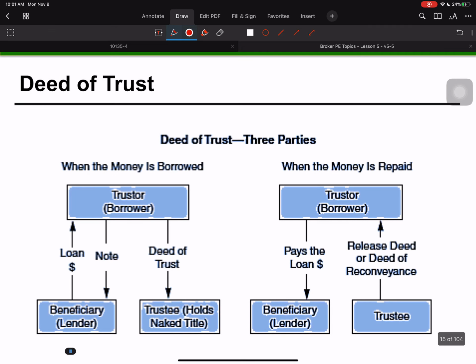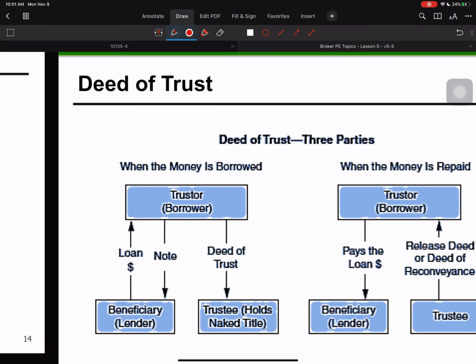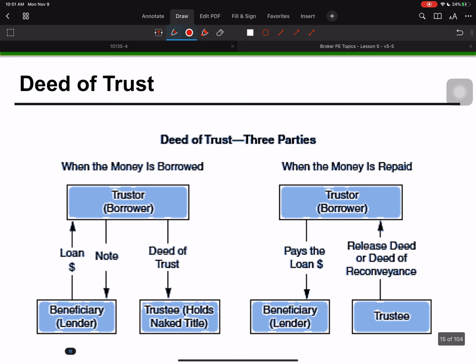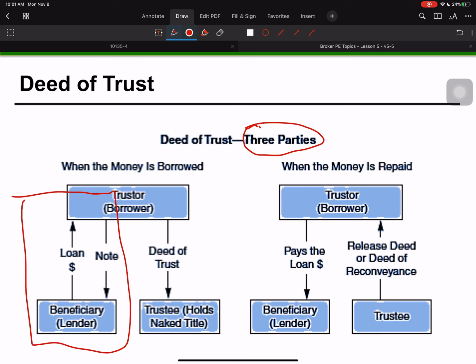A deed of trust is still like a mortgage, but it has three parties. So as you could see here, it's the same thing. The trustor, which is the borrower, and the beneficiary is now the lender. The beneficiary is the lender.